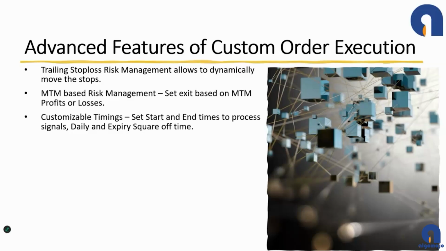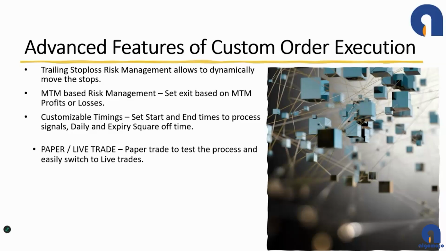On the set date and time, the system will look at if there are any open positions of the current contract, and if it has to be rolled over, it will close the current contract and take up the next week or next month's contract as per your selection, on the day and at the time you selected.